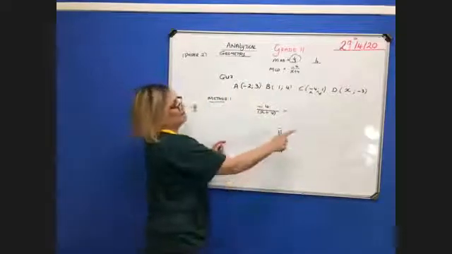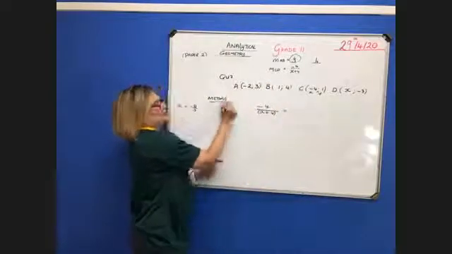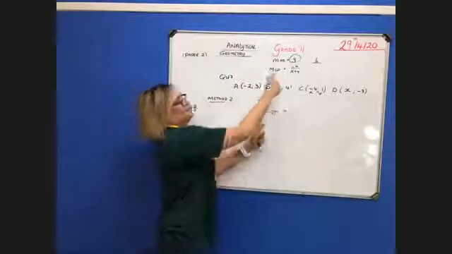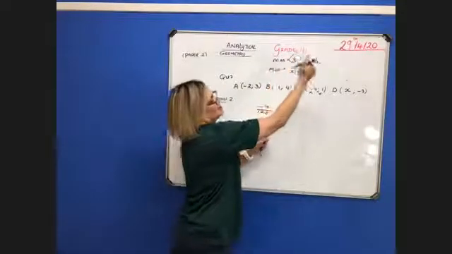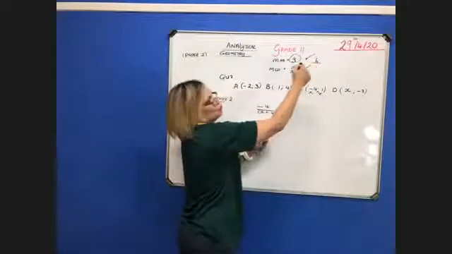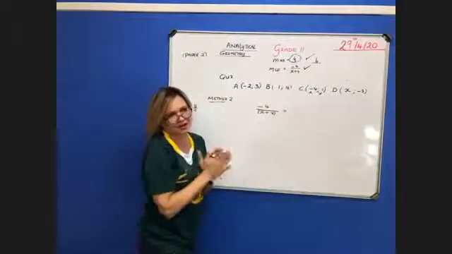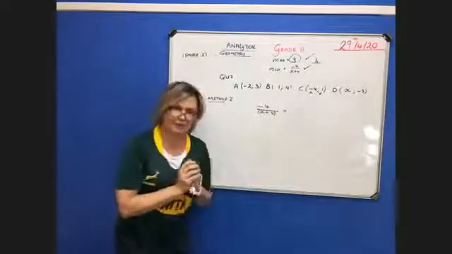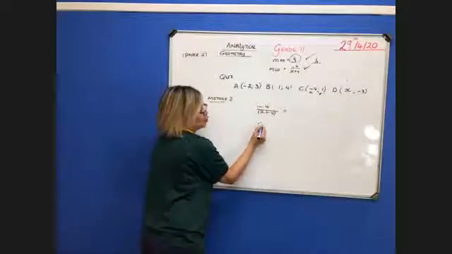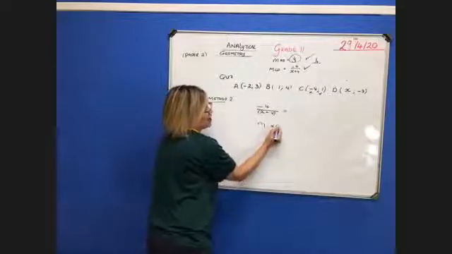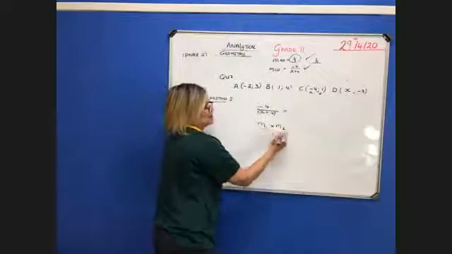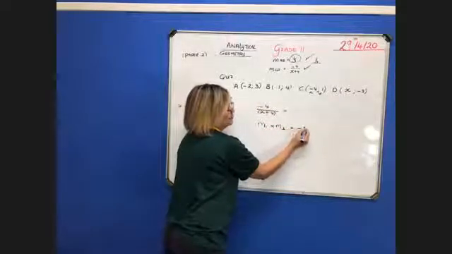Okay, now remember, there was a second way to do this. So I'm going to share with you the second way. We found the 2 gradients. Of, let's say, the 4 marks, you have at least 2 out of 4 by just getting the gradients, which means you have a government pass with 50%. But some of you know that the gradients of 2 lines that are coming in perpendicular, if you times the 2 gradients, you get a -1 product.